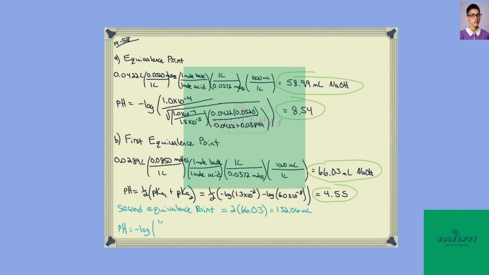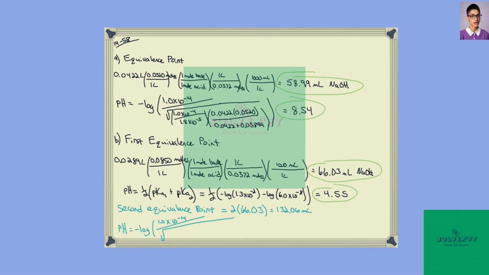To solve for the pH, we're going to do something very similar to what we did in the first part of the problem. pH will be equal to the negative log of the hydronium concentration. The hydronium concentration will be equal to Kw divided by hydroxide. So how will we calculate the hydroxide concentration? Well, at the second equivalence point, all we have is SO3 2-, which is a weak base.